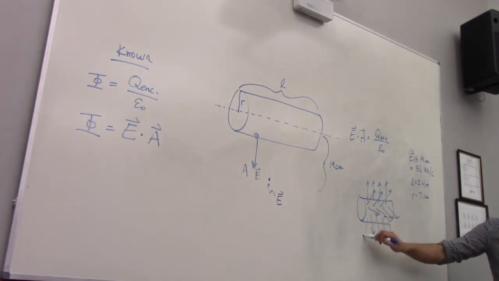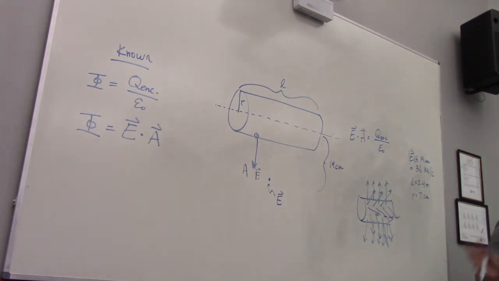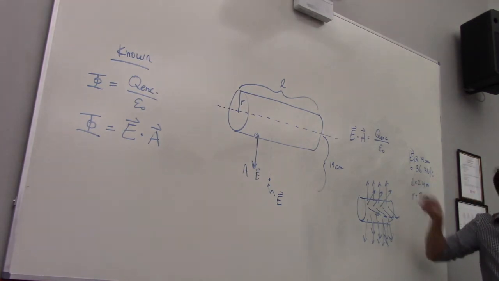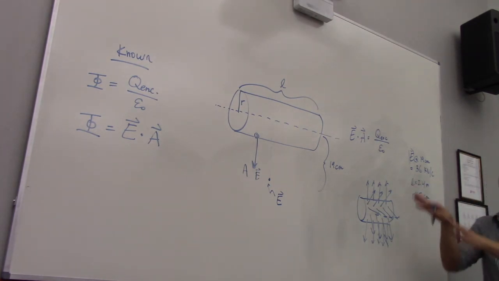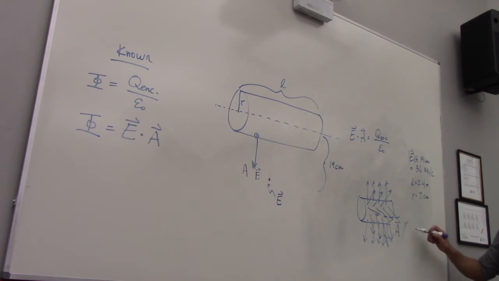At every point, you would draw an area vector perpendicular to that curved surface. And actually, that's the same picture as if you had charges on that surface. If you had charges on that surface, the electric fields would point in exactly the same way. So all the area vectors are parallel to, or overlapping, the E vectors of the charges on the surface. It's the same picture, and therefore the angle between all those vectors is 0.